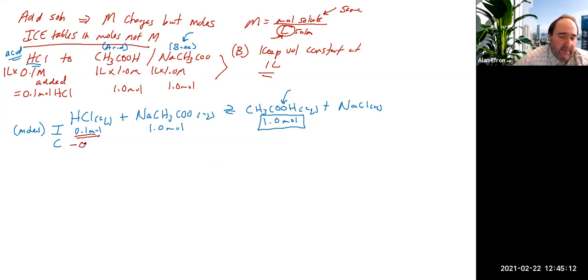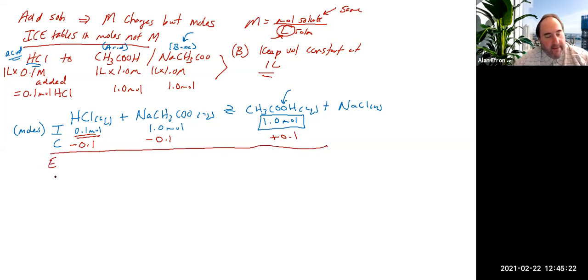So the change here would be minus 0.1, minus 0.1, and plus 0.1 on this side. That means when I reach equilibrium, I have no moles of the HCl left, which is what I would expect because it all should be used up. I should end up with 0.9 moles of my sodium acetate, and I should end up with 1.1 moles of my acetic acid in this case.